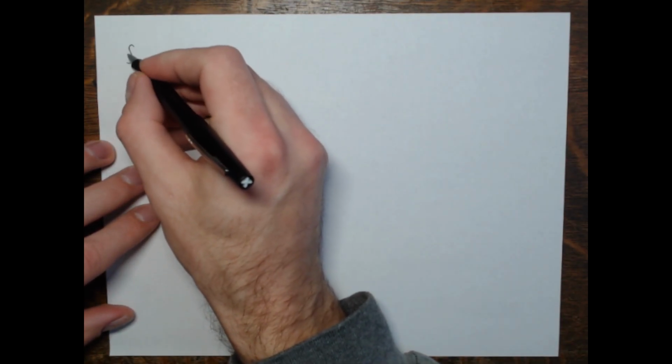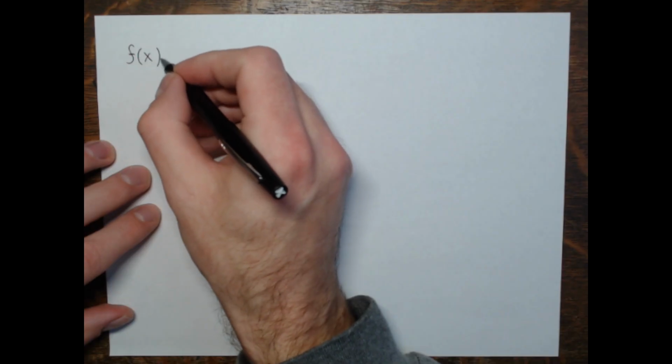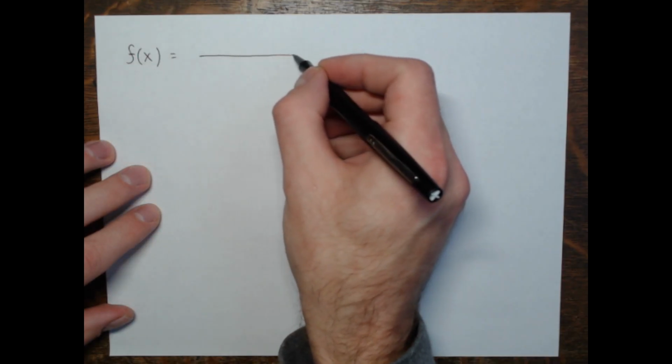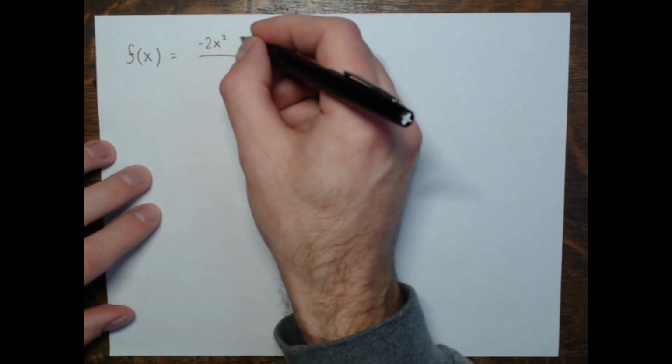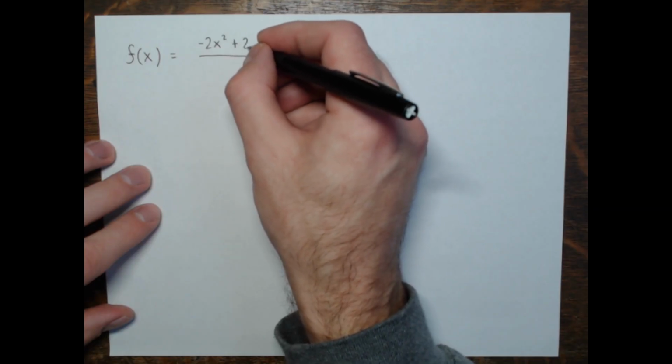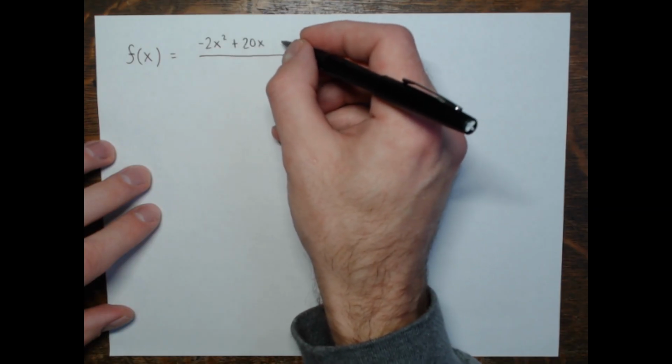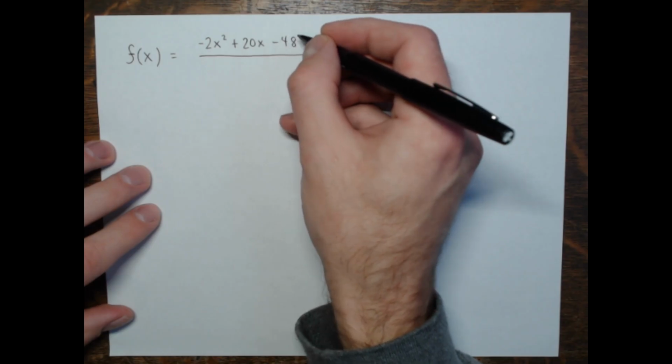So I'll write the function up and we'll go through, again, the three conditions of continuity. So our function, the numerator is negative 2x squared plus 20x minus 48.